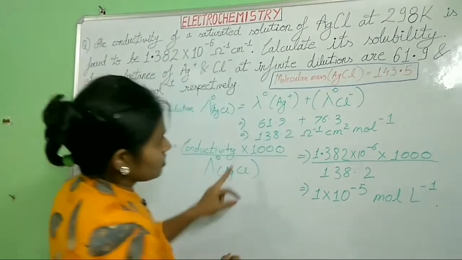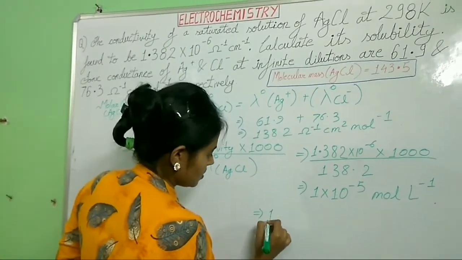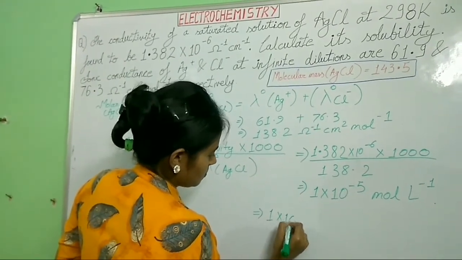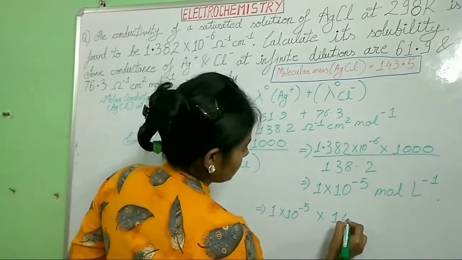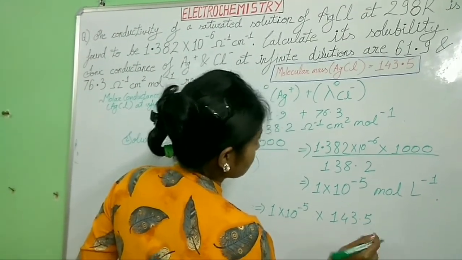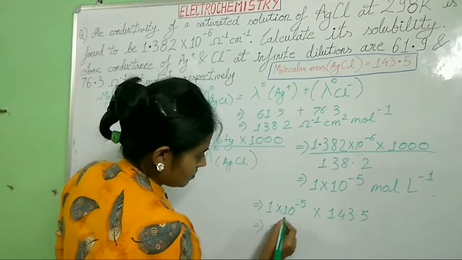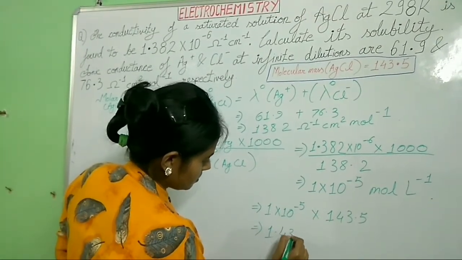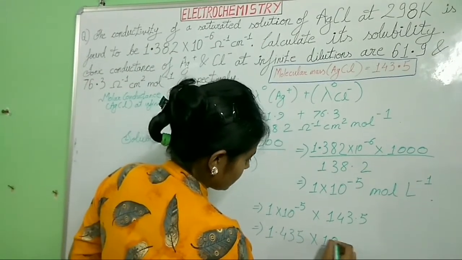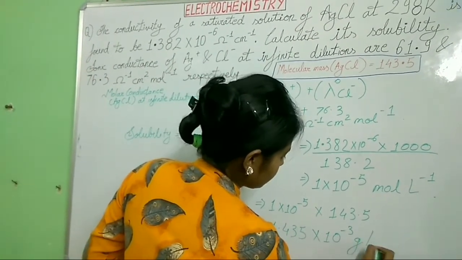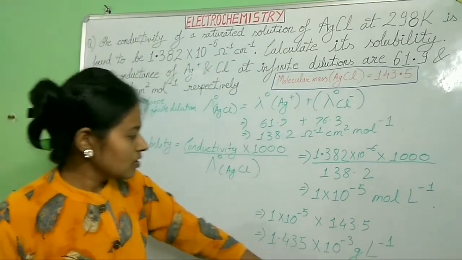Now, molecular mass of AgCl is also given, that is 143.5. When 1 into 10 to the power minus 5 mole per liter is multiplied by 143.5, the molecular mass of AgCl, it may be written as 1.435, because we have moved 2 decimals, into 10 to the power minus 3 gram per liter. Okay, this is your final answer, this is your solubility.